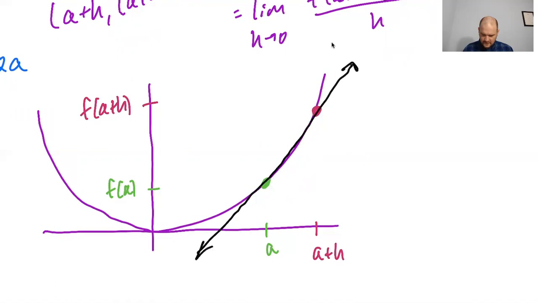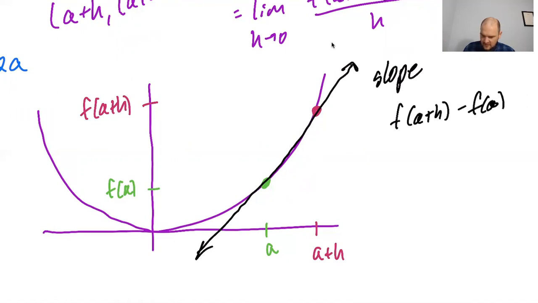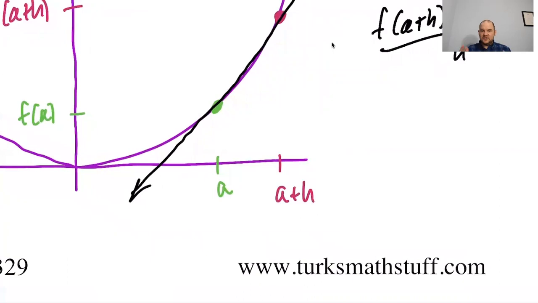There's our line. So we found the slope, right? Which would be f of a plus h minus f of a, all over a plus h minus a. So f of a plus h minus f of a over h. That's the slope of this line. So I'm going to write that. But then we get really curious: what's going to happen if h approaches 0?